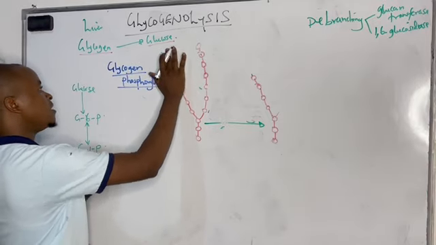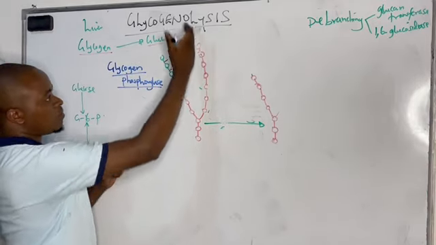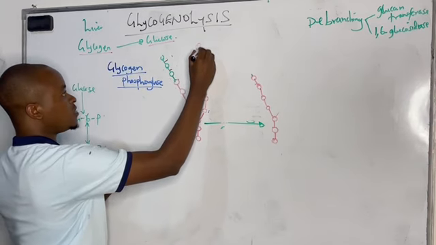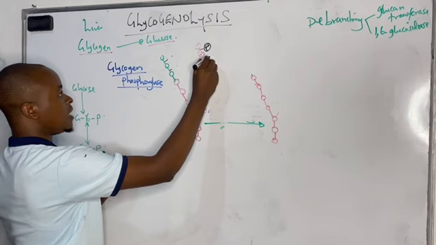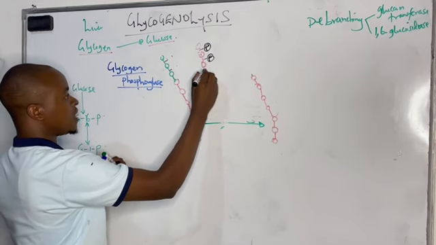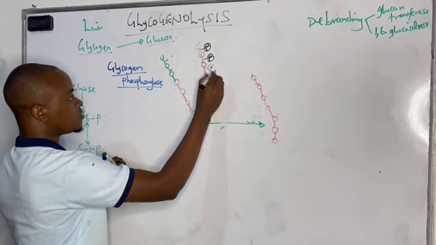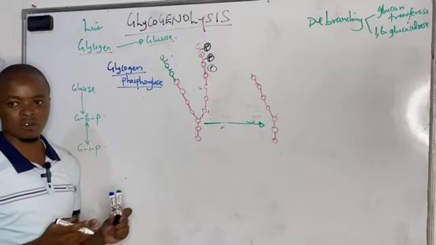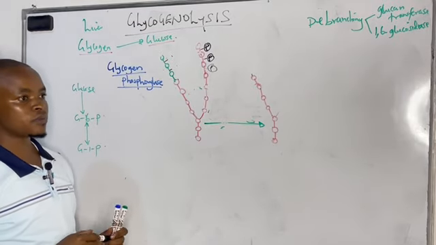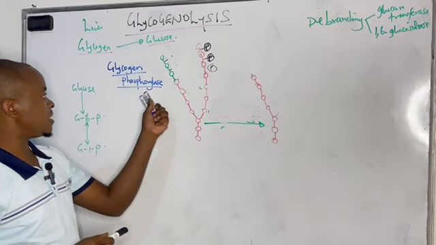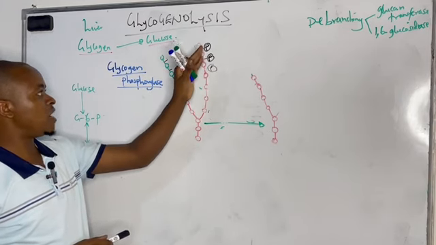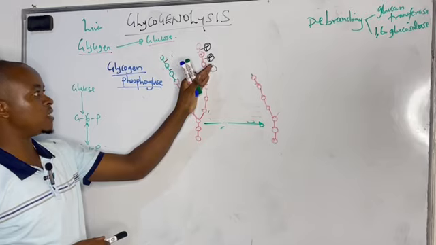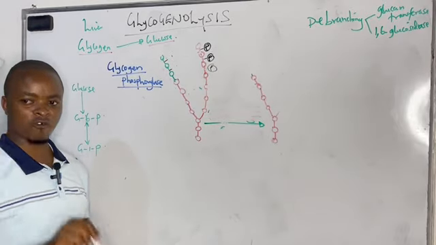If I use this branch point, we see this enzyme come and add a phosphate group and break the bond. It comes and adds another phosphate group, hence breaking the alpha-1,4-glycosidic bond. So this glycogen phosphorylase enzyme breaks down the alpha-1,4-glycosidic bonds by addition of phosphate groups.